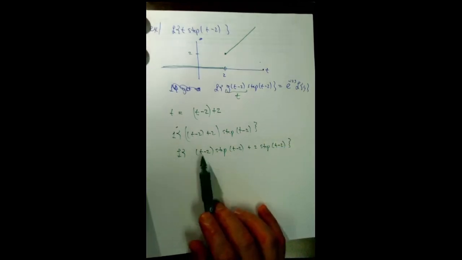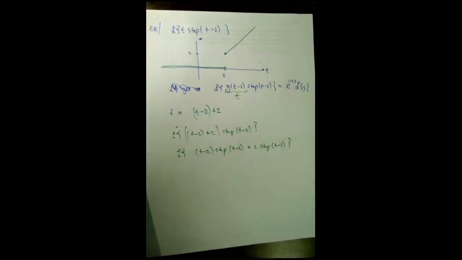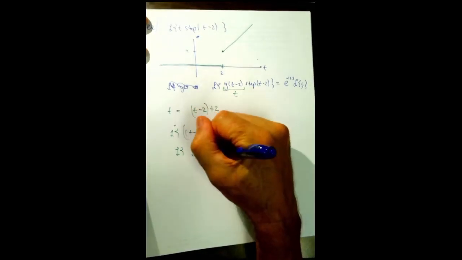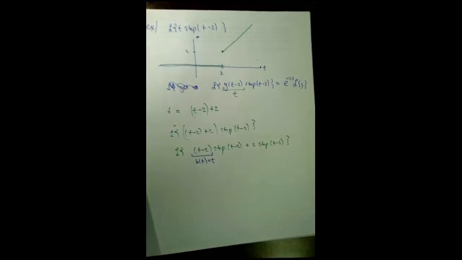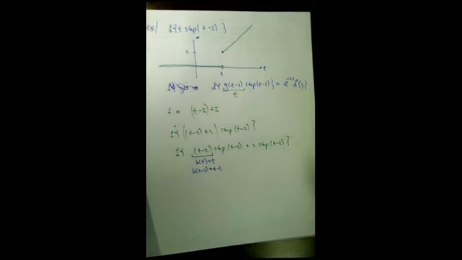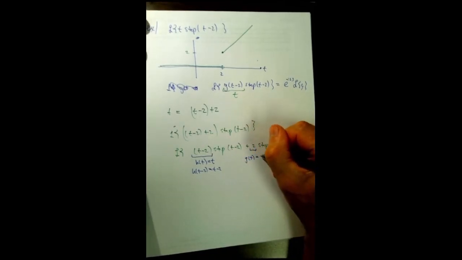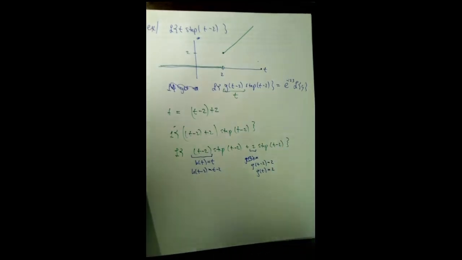This becomes the Laplace transform of (t minus 2) times the step function at t minus 2 plus 2 times the step function at t minus 2. So this is h of t is t, because h evaluated at t minus 2 is just t minus 2. This is just g of t equals, sorry, let me rewrite this. G of t minus 2 is 2, and g of 2 is going to be equal to 2.